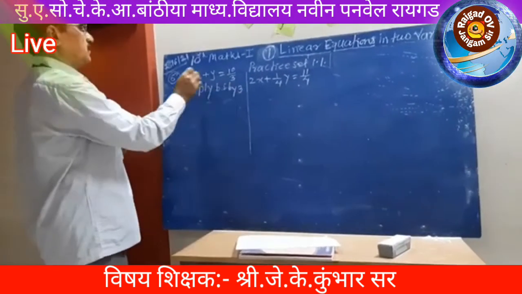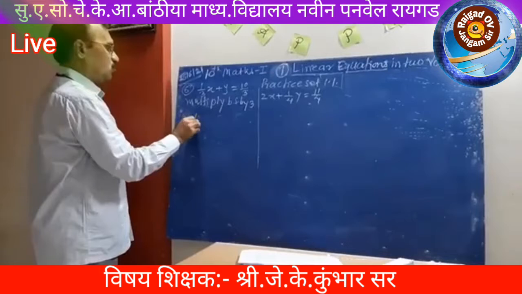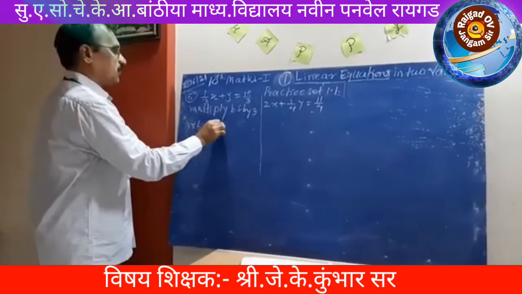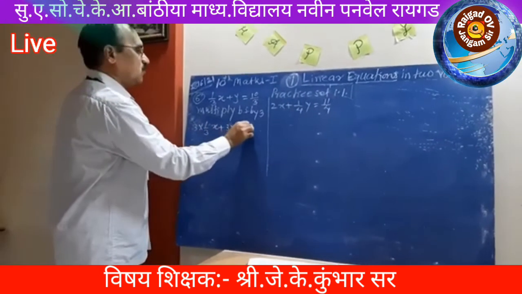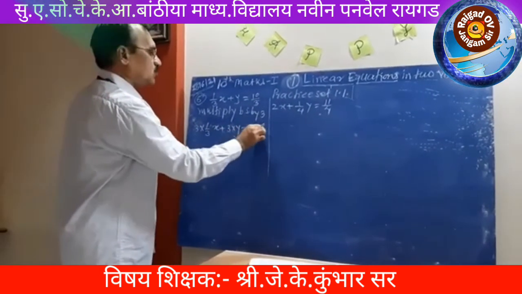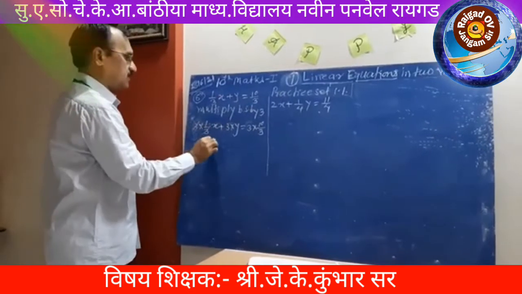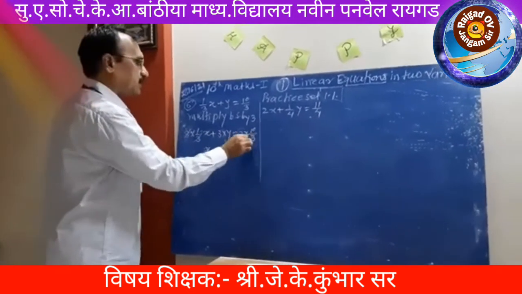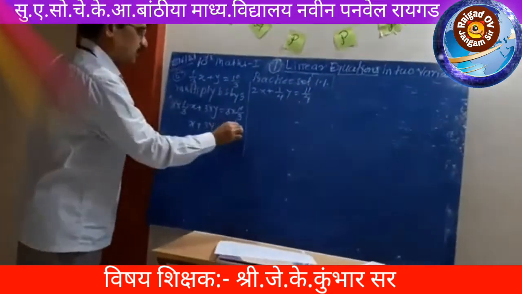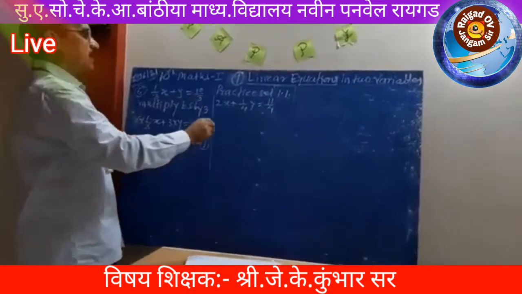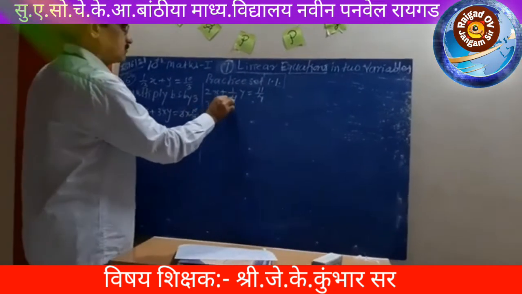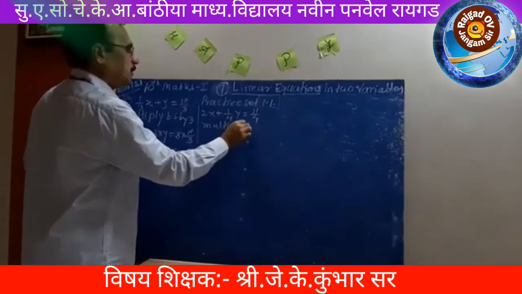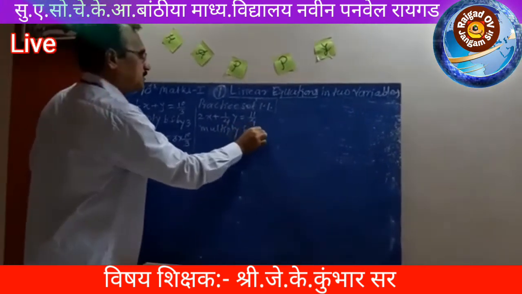We get 3 into 1 by 3 x plus 3 into y is equal to 3 into 10 upon 3. 3 gets cancelled. x plus 3y is equal to 10, again 3 gets cancelled. This is equation number 1. Again multiply both sides by 4.